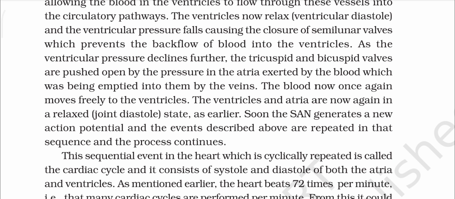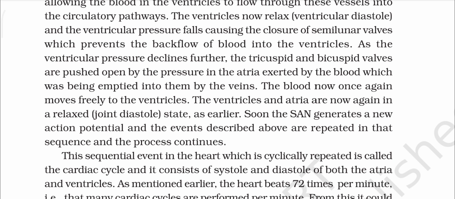The blood now once again moves freely to the ventricles. The ventricles and atria are now again in a relaxed state. As earlier shown, the SAN generates a new action potential and the events described above are repeated in that sequence.